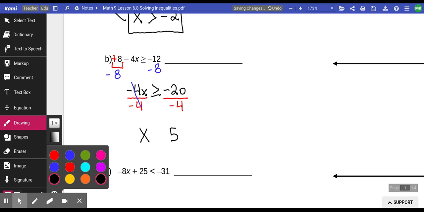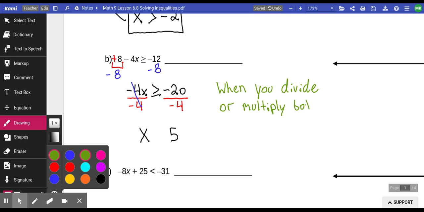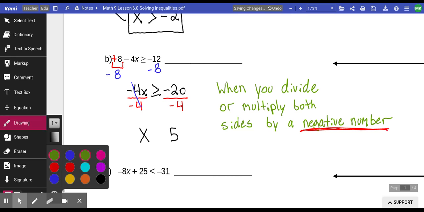Now, here's where things get a little bit different for inequalities compared to equations. When you divide or multiply both sides by a negative number, and this is only for negative numbers, you flip your sign.